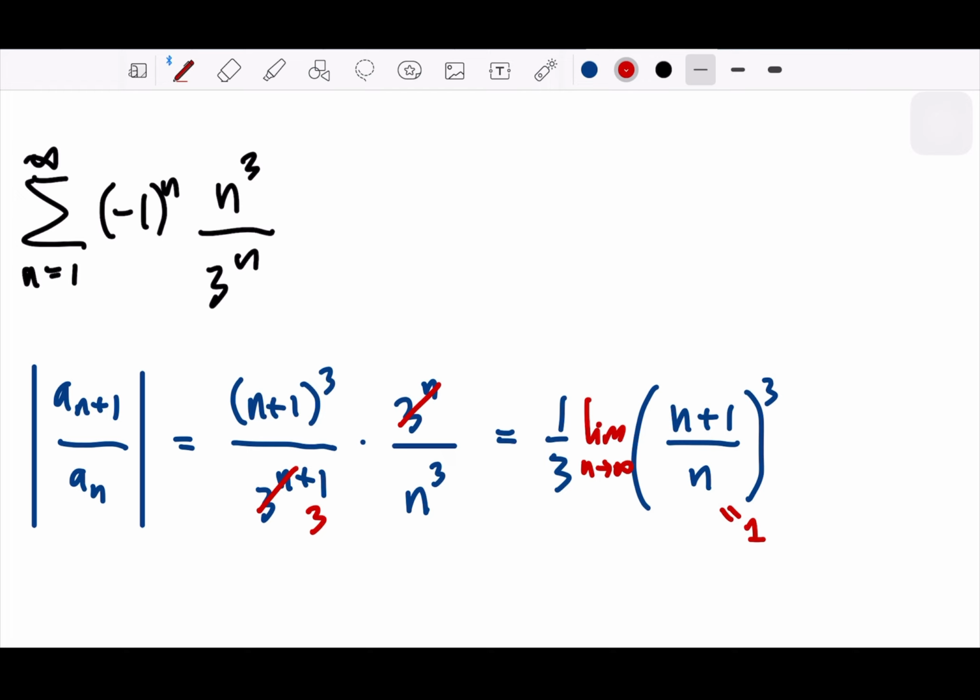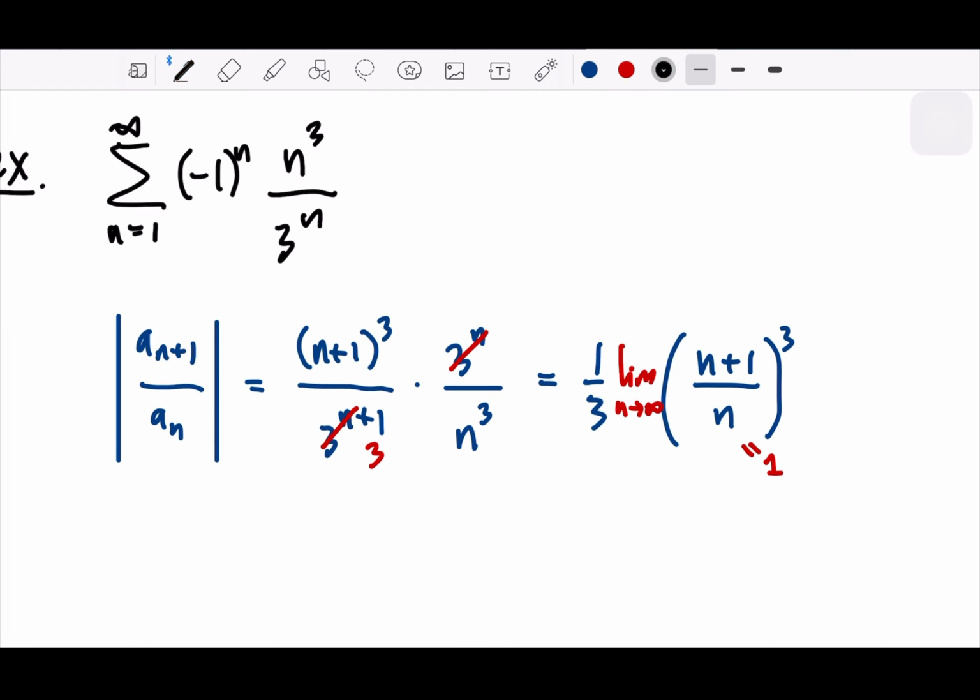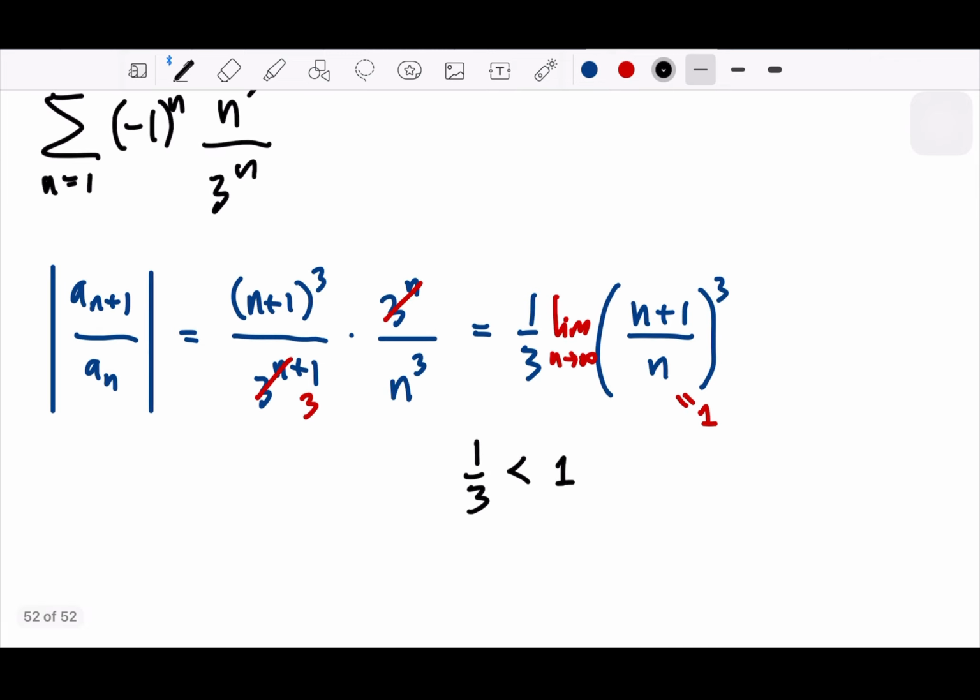Now the result is 1/3, which is less than 1. That means we are having an absolutely convergent series.